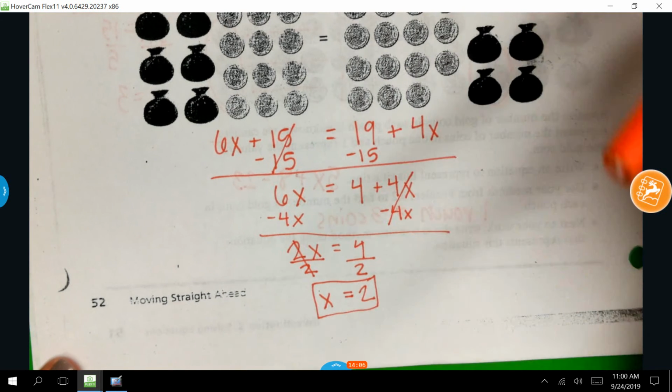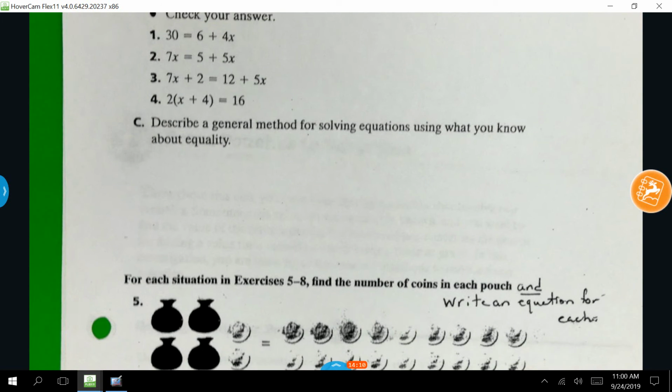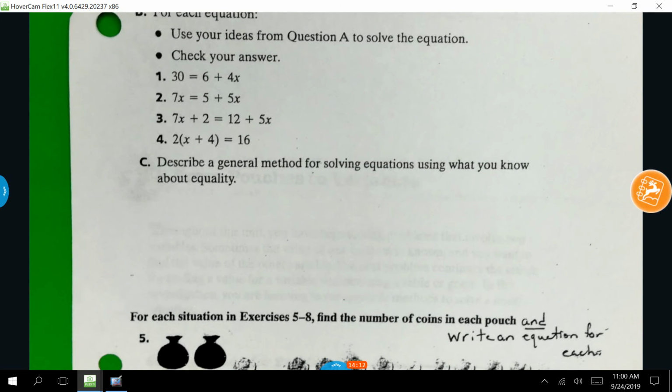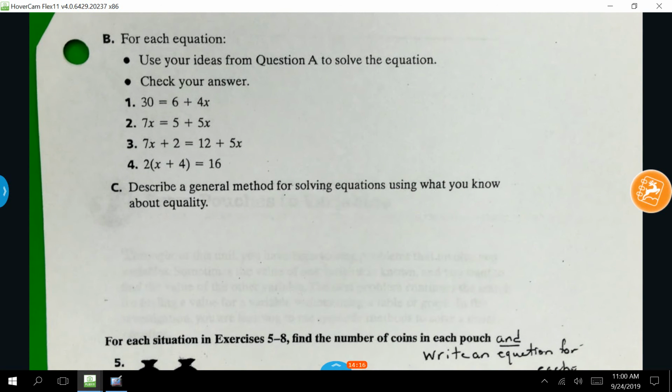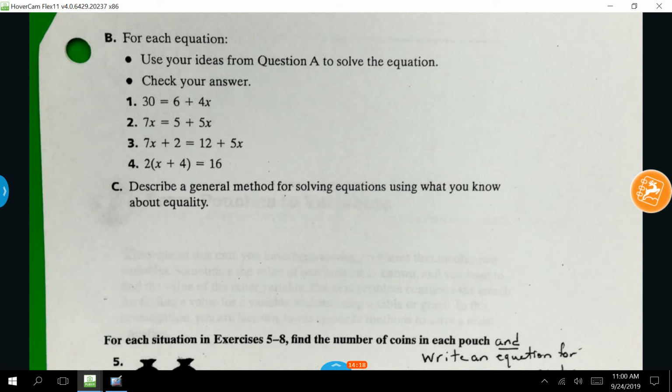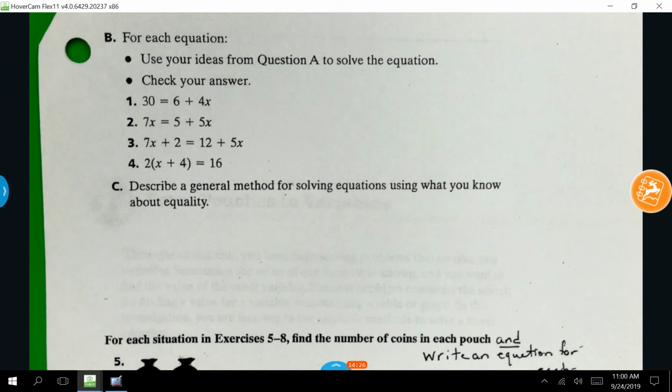Alright, if you flip over, what do you notice about part B? It's just equations. Do you have any pictures? No. Nope. You just have equations. So you're trying to solve those without your pictures now. Okay. Do you want to do one of those together? Which one? 3?